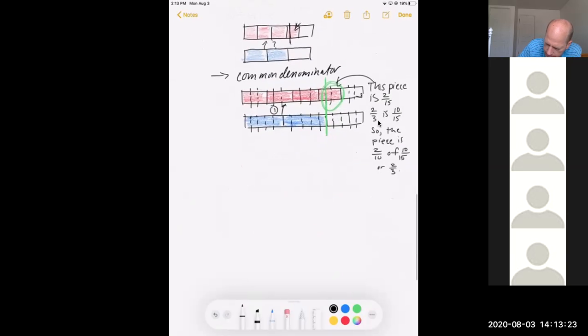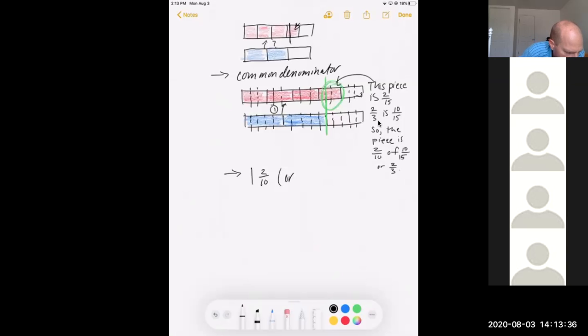Which means that the answer is 1 2/10. I know you can simplify that, but we're going to look at it unsimplified for a minute. Or 12/10. So there's 1 2/10, or 12/10, groups of 2/3 that fit into 4/5.